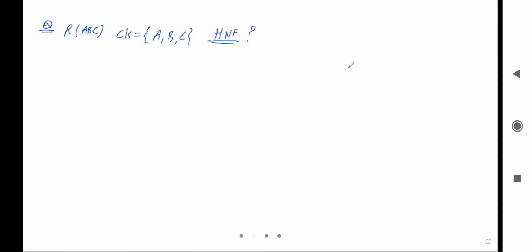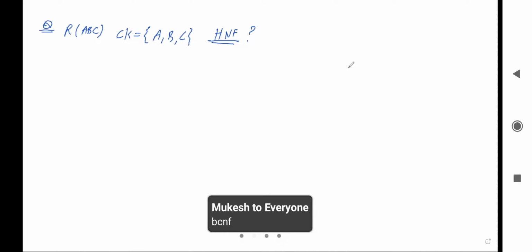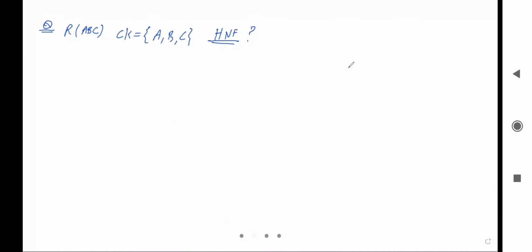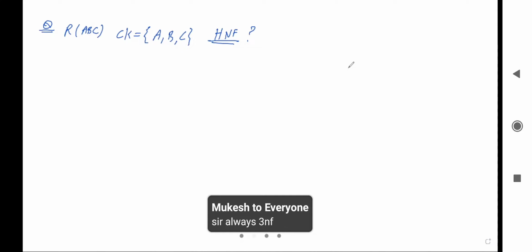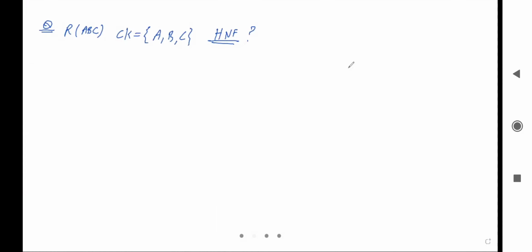It is in second normal form, third normal form, BCNF, or something else. Always in 3NF.